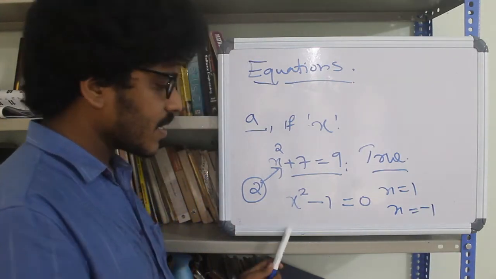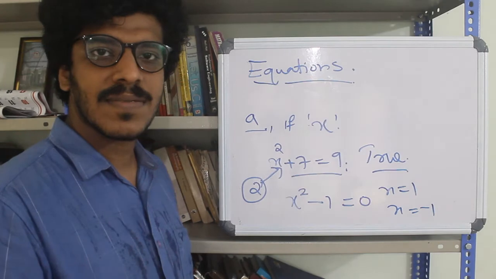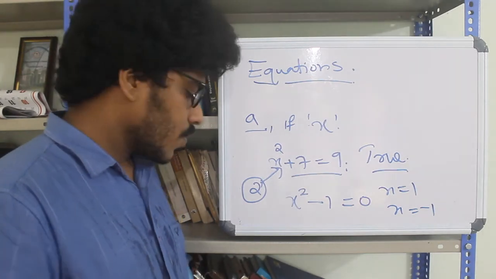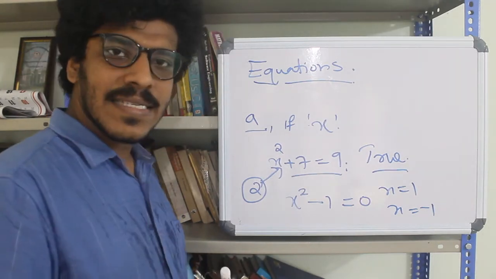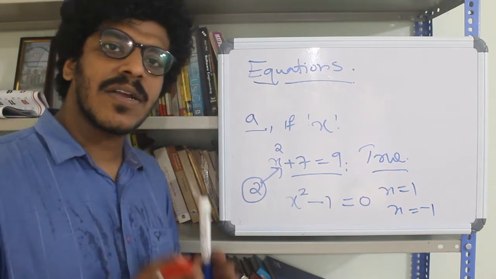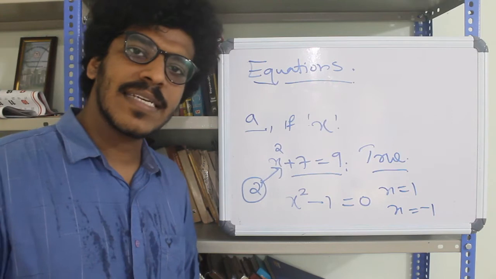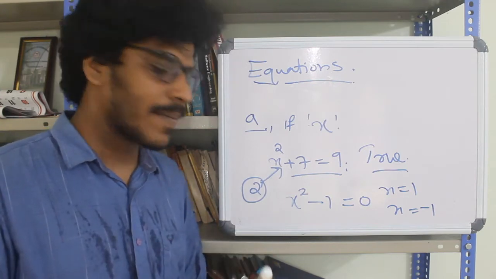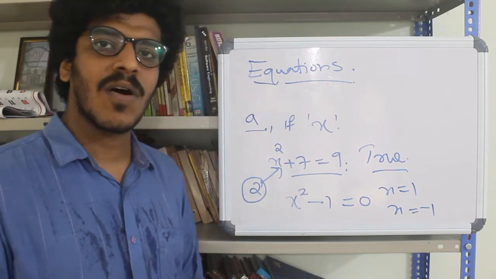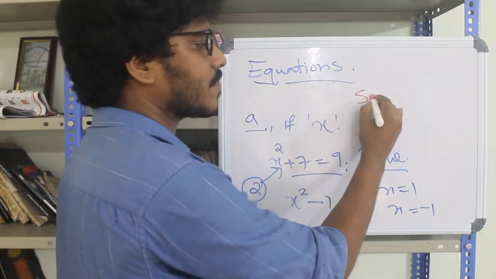So this equation has more than one solution. It is not necessary that an equation has a single unique solution. An equation can have more than one solution. And the set of all those solutions of an equation is called a solution set.